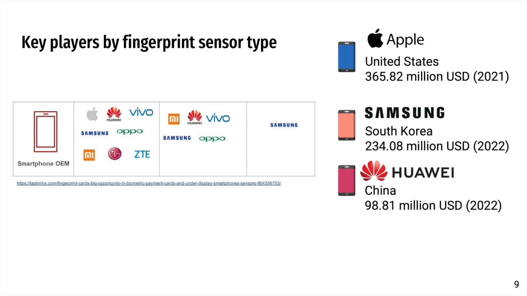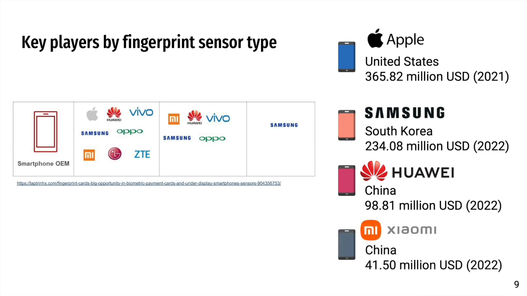Huawei, also from China, is renowned for its advanced smartphones that incorporate fingerprint sensors, often placed on the front or rear of the devices. Xiaomi, a Chinese company, offers a wide range of smartphones with fingerprint sensors, providing users with secure access and convenient authentication.